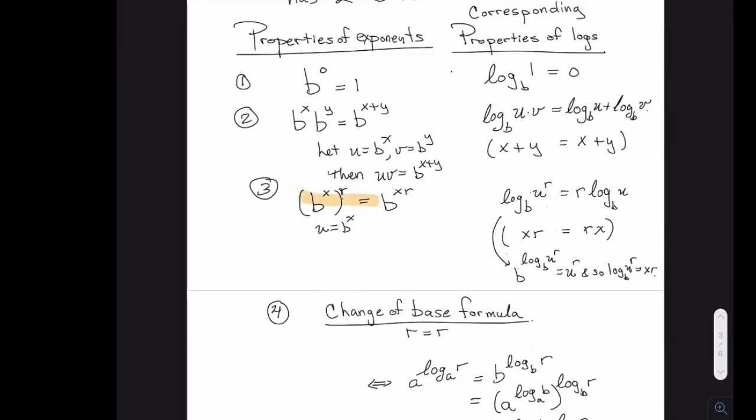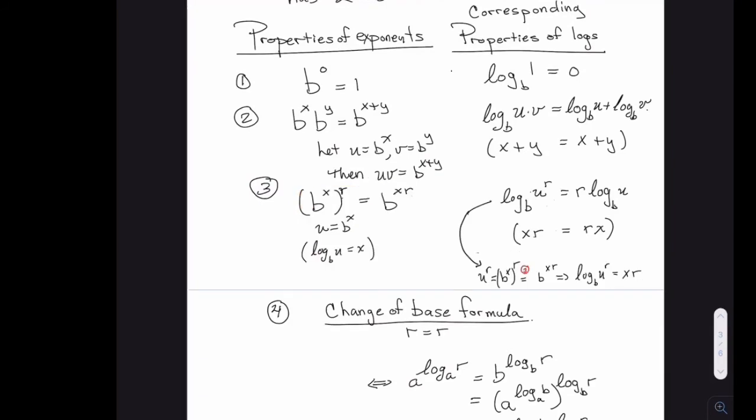Looking at this property, the left-hand side of log base b of u to the r is equal to xr, because u to the r is b to the x to the r, and by the exponential property, that's equal to b to the xr, which means that u to the r is equal to b to the xr, so log base b of u to the r is equal to xr.